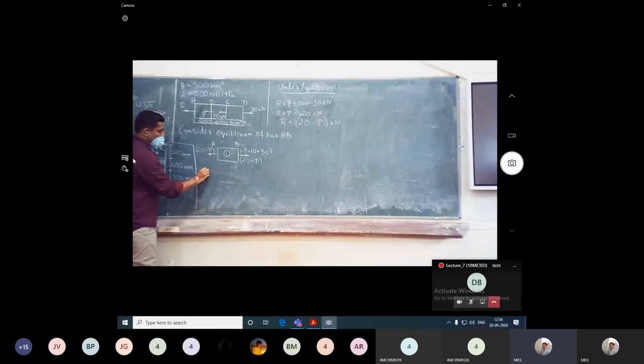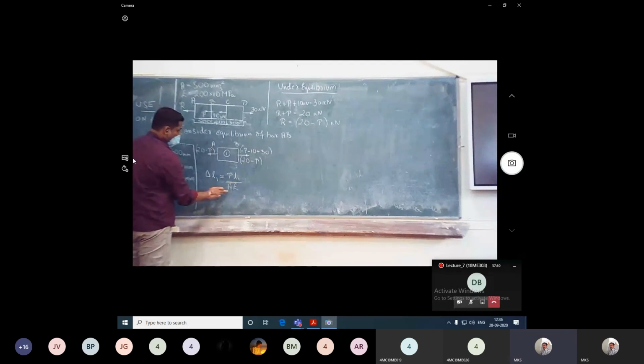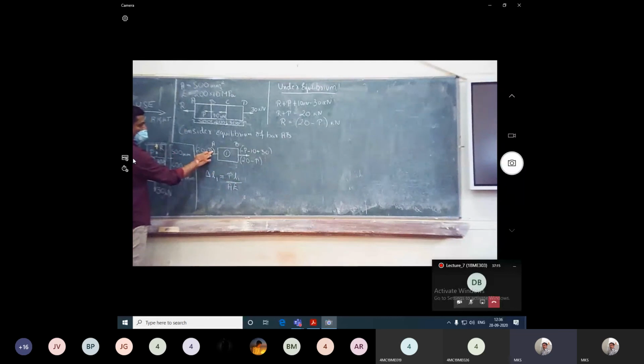What is the deformation? Deformation of section 1. Delta L1 is equal to P L1 by A E. A constant, E constant. So what is the load? Load is 20 minus P. Right?